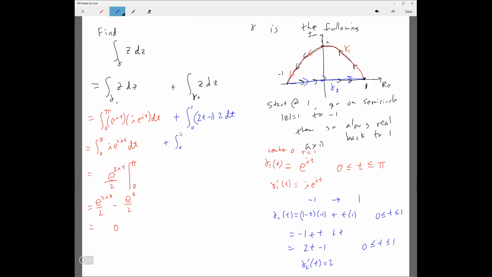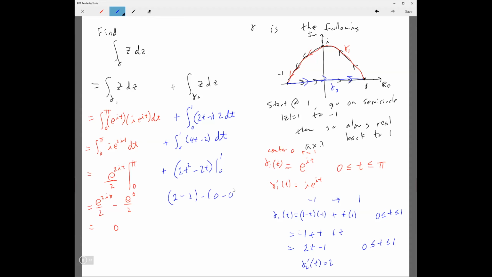Okay, so this is 4t minus 2 dt, and when you integrate that one, this is 2t squared minus 2t, from 0 to 1. You put a 1 in, you get 2 minus 2.